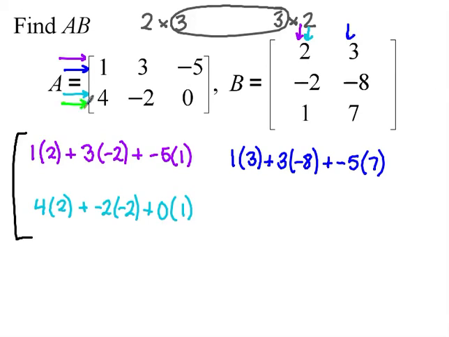I'm going to now take row 2 times column 2. So what do I get? 4 times 3 plus negative 2 times negative 8 plus 0 times 7.